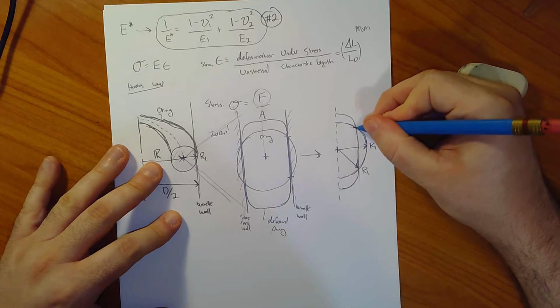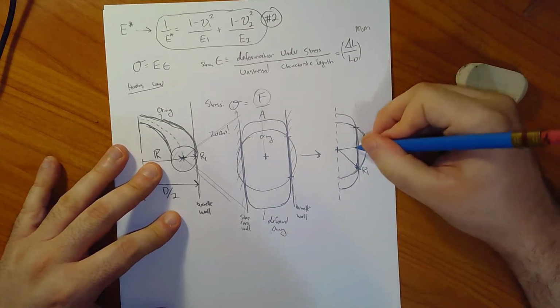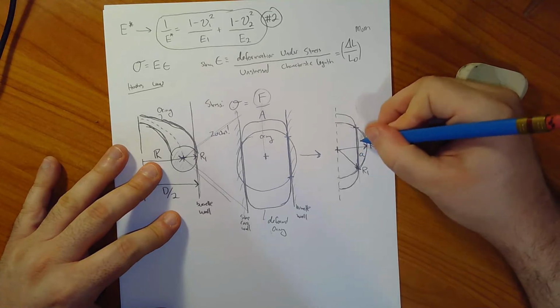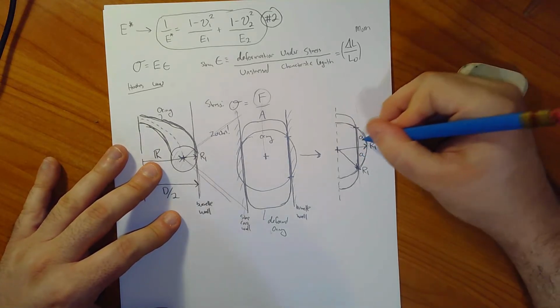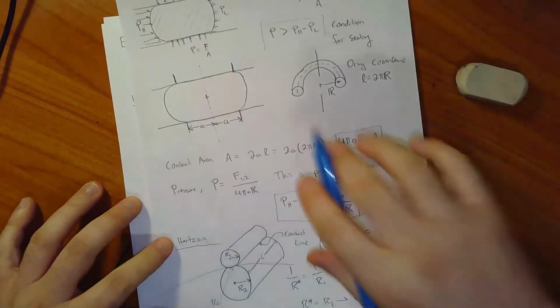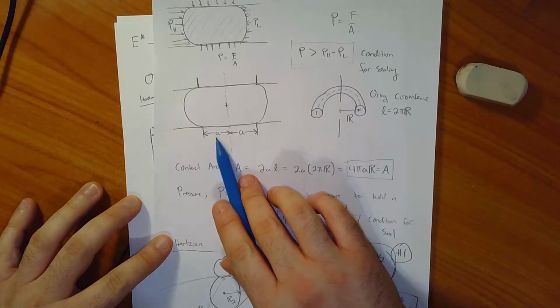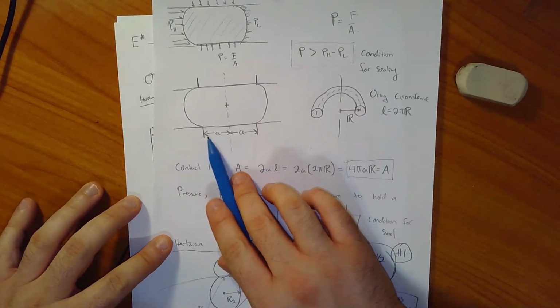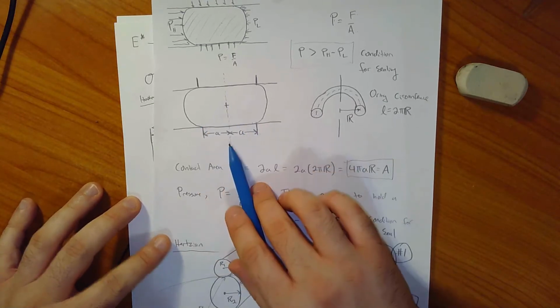If I'm interested in this total distance, half of that distance is A, and the full distance is 2A. If I go back to this drawing, you can see I kind of knew where I was going with this, and I set A from the center line to one edge of contact and A from the center line to the other edge of contact.